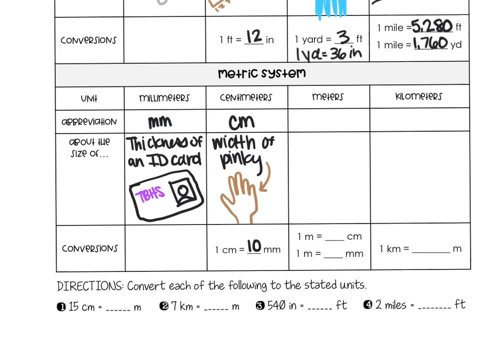Meter is abbreviated with just an m. Meters is kind of like your base measurement for the metric system, in terms of length at least. So centimeters and millimeters are smaller than that, and kilometers is bigger. They work from meters as the standard. This would be about the height of a kitchen counter.